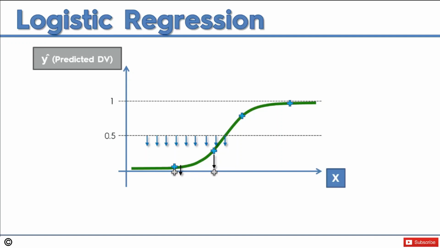So if you do require a y hat, a predicted yes/no value, then it makes sense that if something's below 50%, you're probably going to say that they're not going to take up the offer. Both of their y hats are 0.